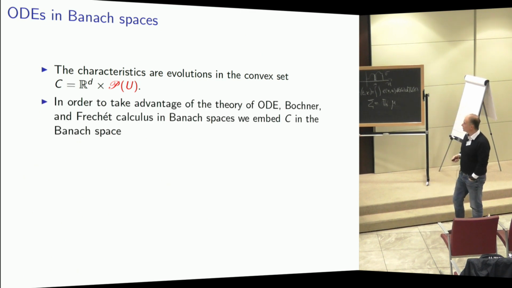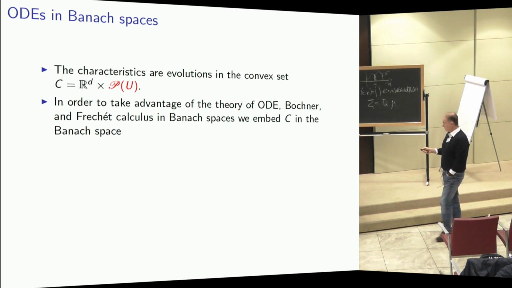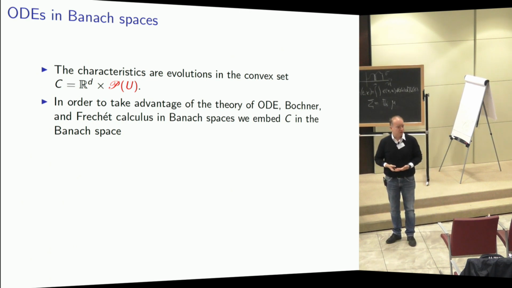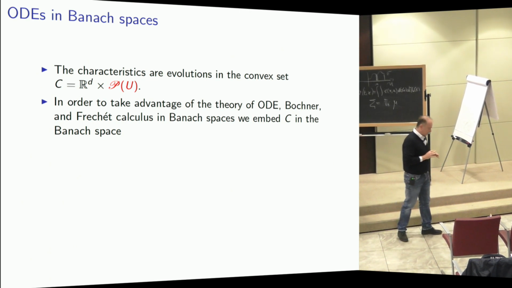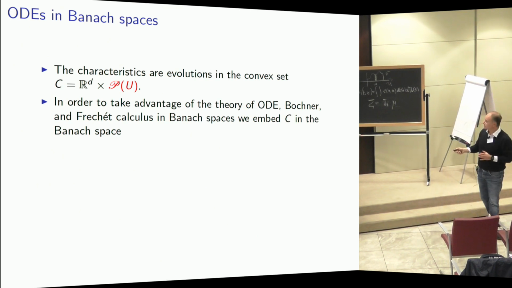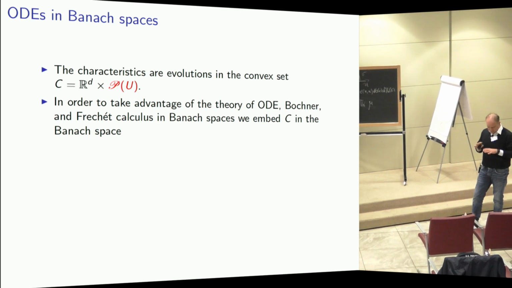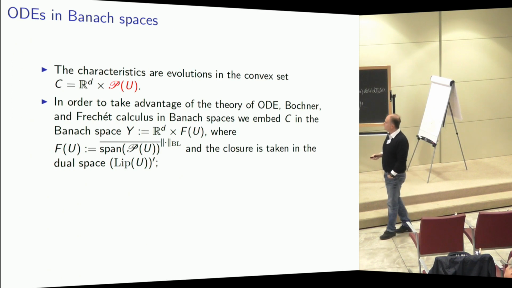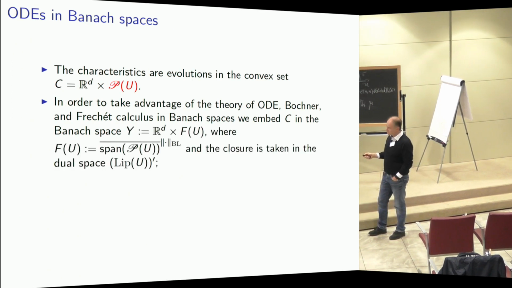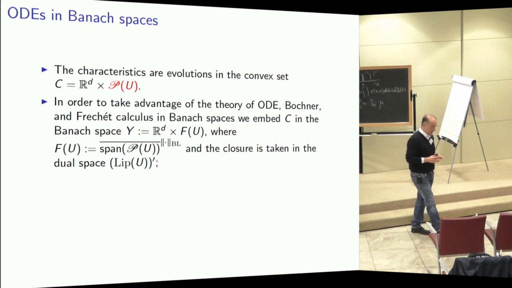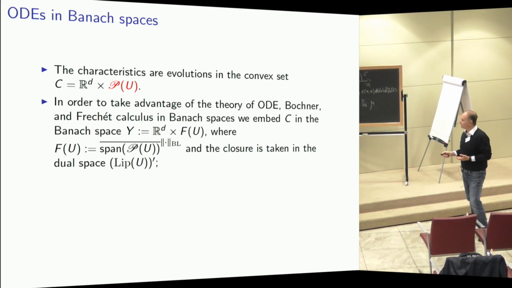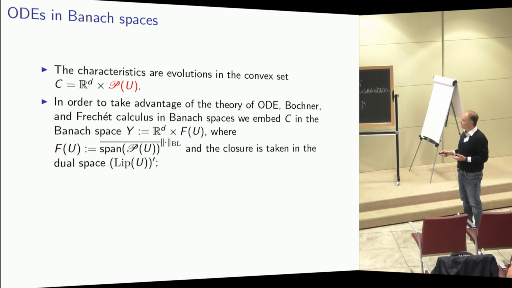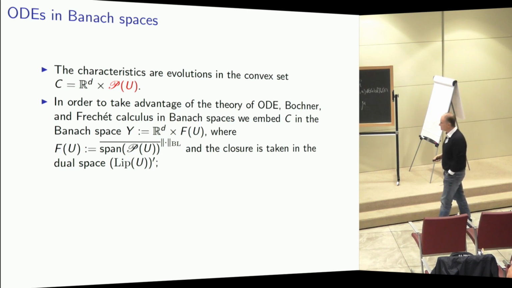So now we are interested in characteristics of this evolution over the convex set, and in order to use somehow theory of ODE, Bochner, and Fréchet calculus in Banach spaces, we do embed C into a proper Banach space. So we try to look at this space actually as a closed convex set in a Banach space. And the way we do it is by considering the span of the probabilities and closing it with respect to the dual topology with respect to the Lipschitz functions.